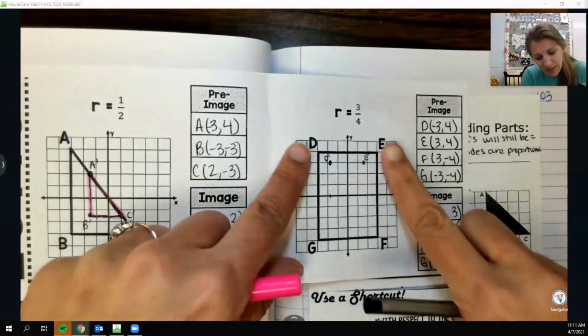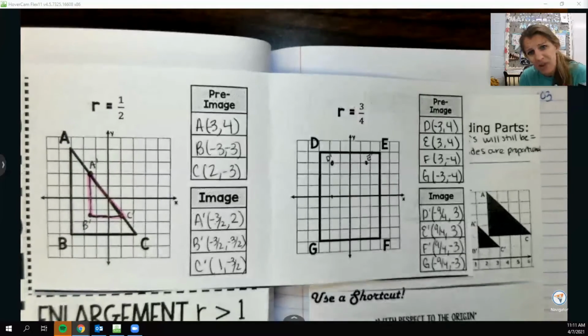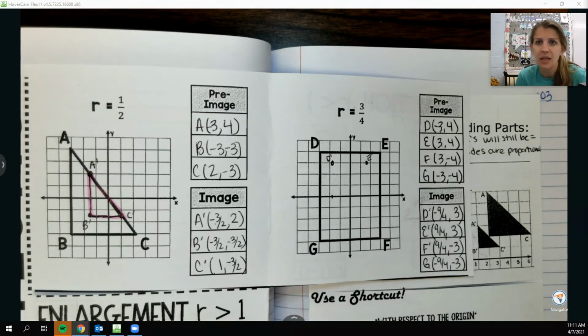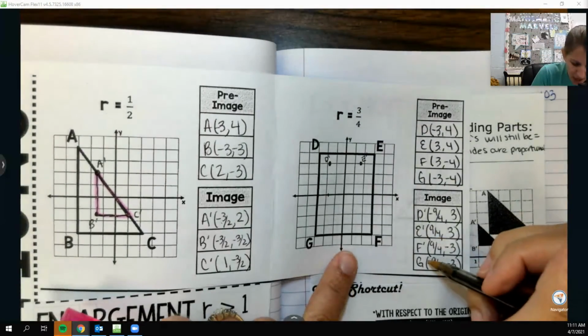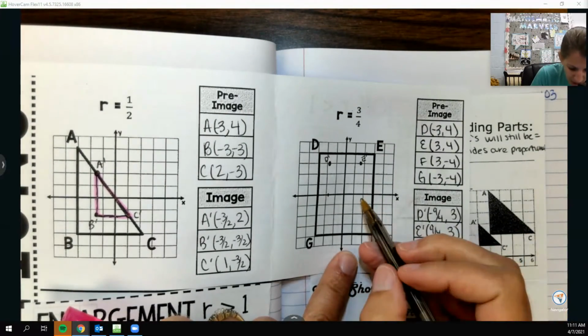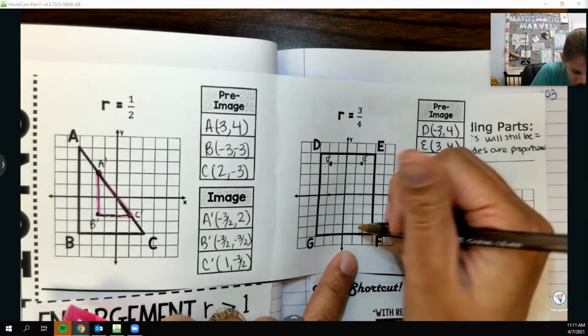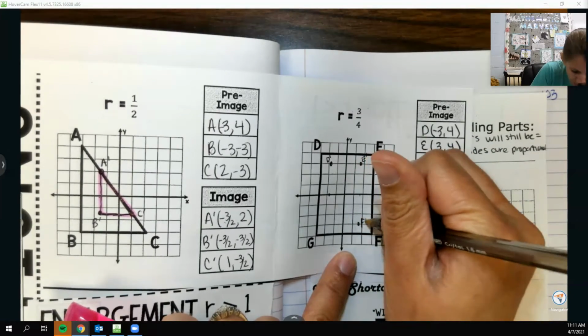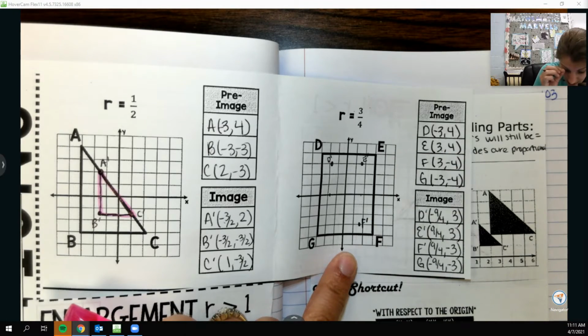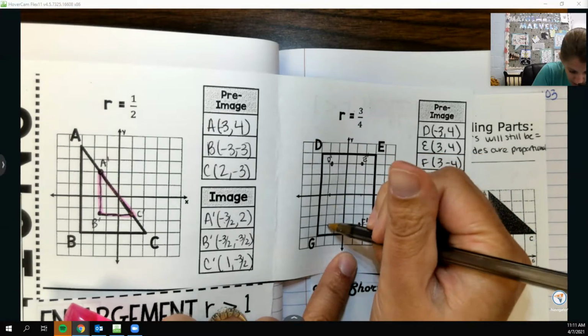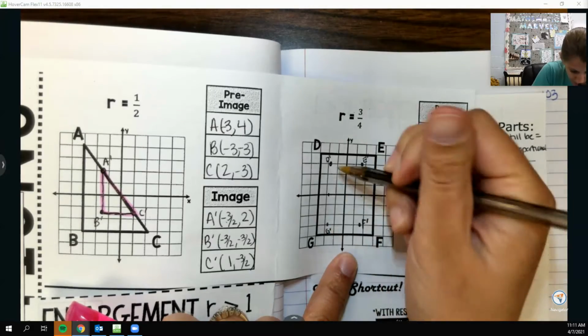This makes sense to me because they're only moving in a little bit, and 3/4 is just a little bit smaller than 1, so it's not going to shrink a whole ton, just a little bit. And so F prime will be at 1 3/4, comma negative 3. And then G prime, we're at negative 9/4 and negative 3, so right there.